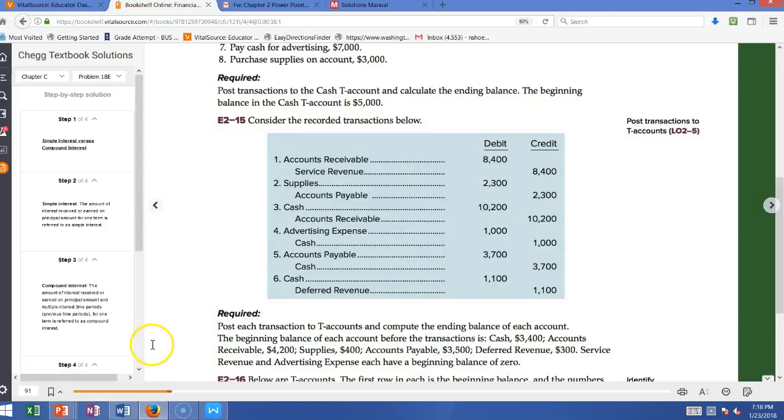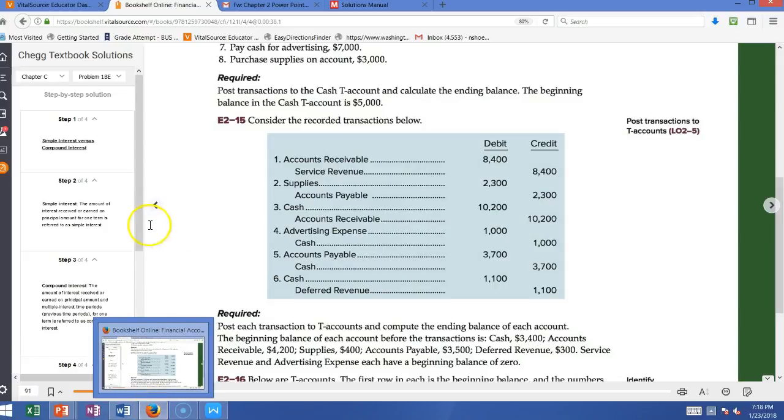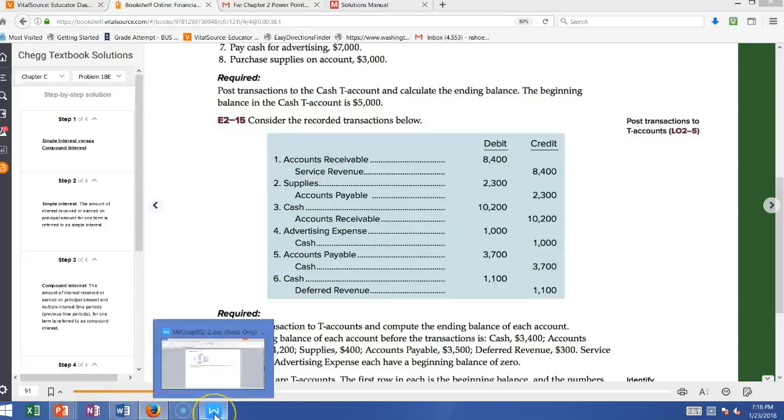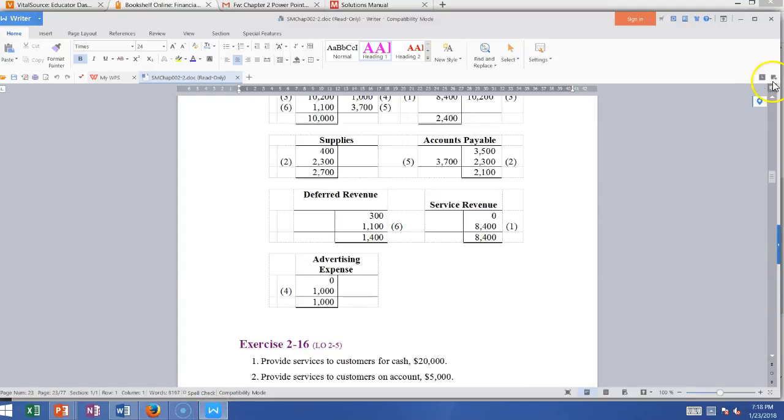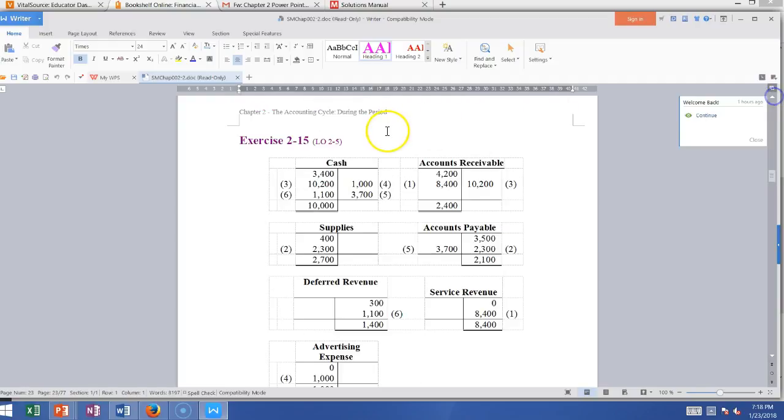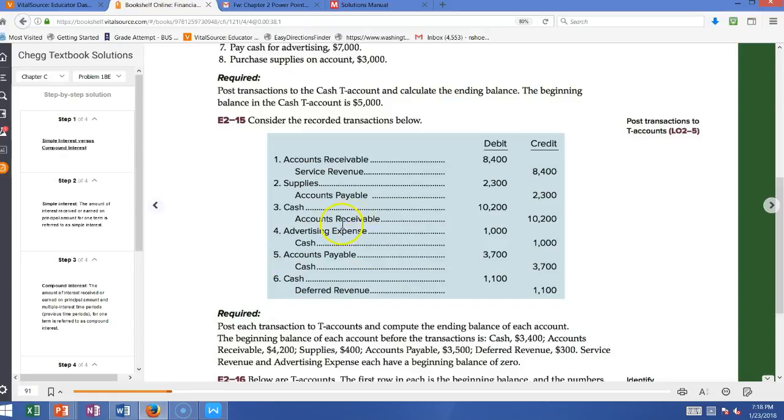So did I leave the account names on the T accounts or did I take everything off? Everything's on it. So what you want to do is for 215, there's a balance in cash of $3,400 before we began.